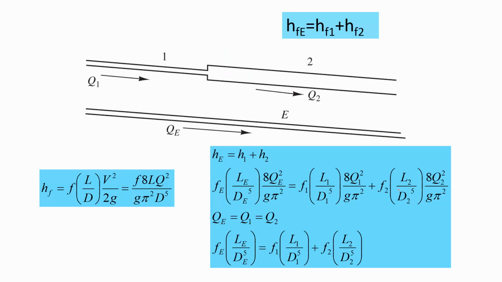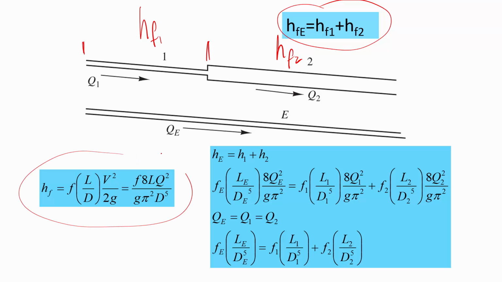So one thing that's important is that there's a head loss in this pipe 1, and then there's a head loss in this pipe 2, and the equivalent pipe has to have the same total head loss. So the equivalent head loss due to friction for this equivalent pipe, HFE, is going to be equal to the head losses from pipe 1 plus pipe 2.